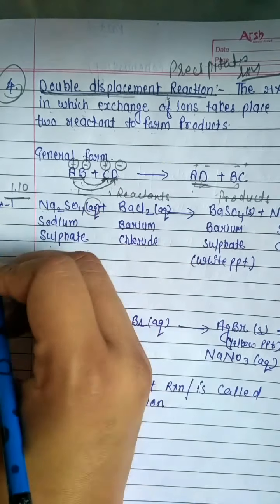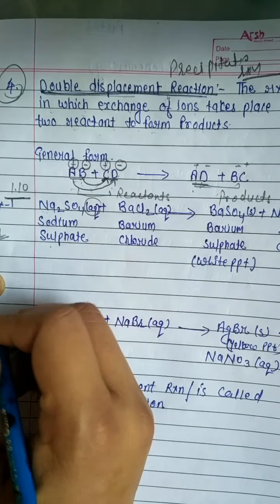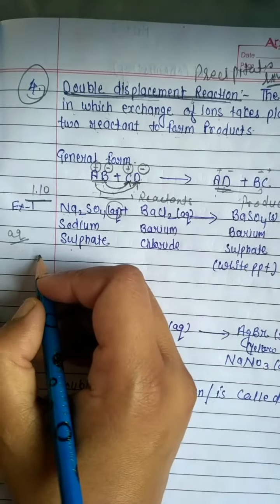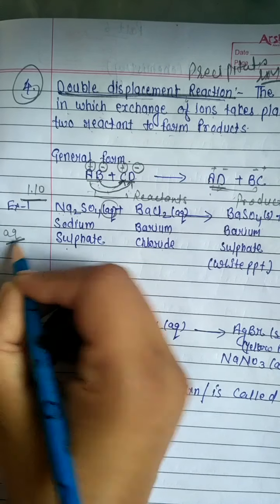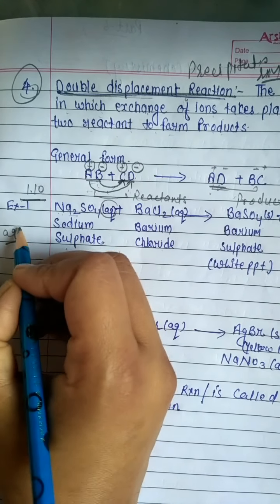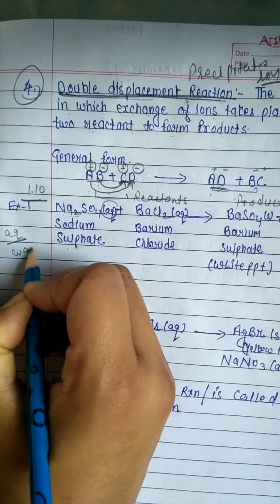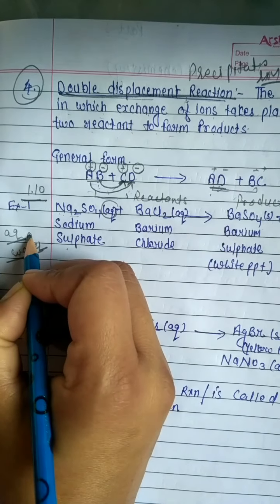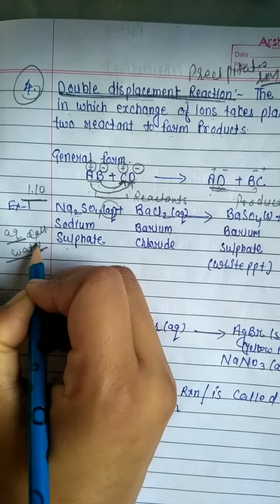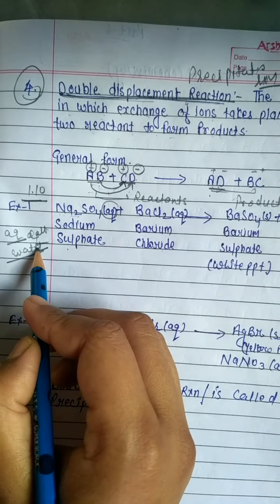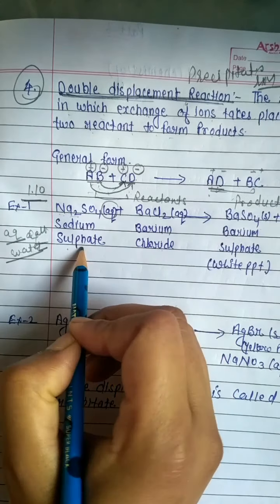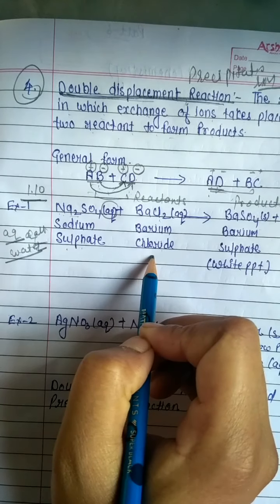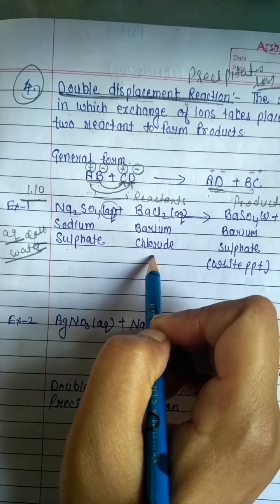Already we have discussed AQ. AQ means aqueous, meaning these salts are dissolved in water. Sodium sulfate and barium chloride are the two reactants.